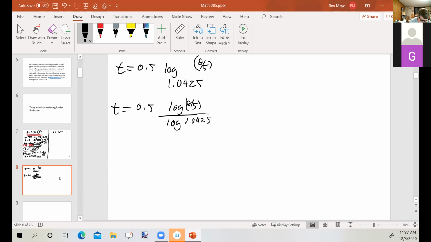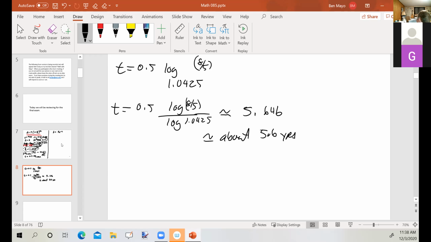And when I do that, I get 5.646, and it just rounds to the nearest 1/10 of a year, so they say about 5.6 years. Okay, you all right with that?